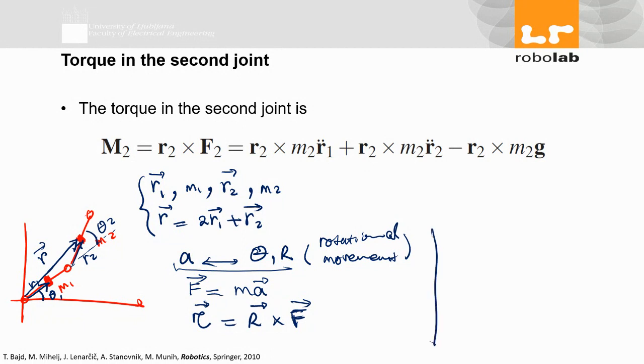Then we just added all torques together to find out how much torque we need in our motor. So considering the torque effect of each mass independently, then combining them together as a whole system to find how much torque needs to be applied by my motor 1 and motor 2.